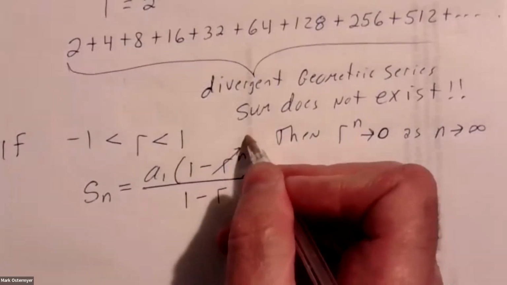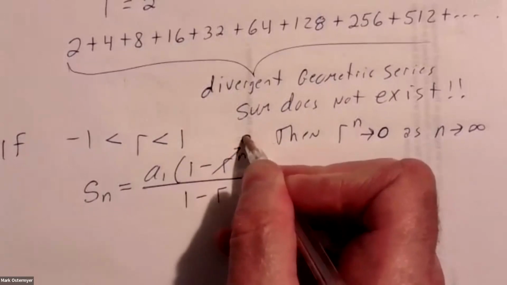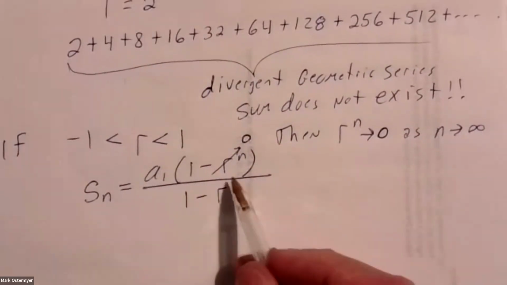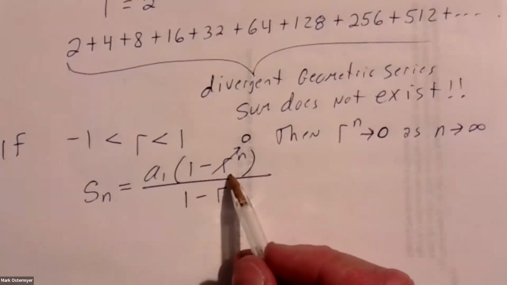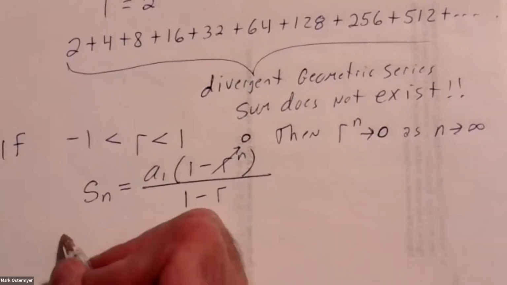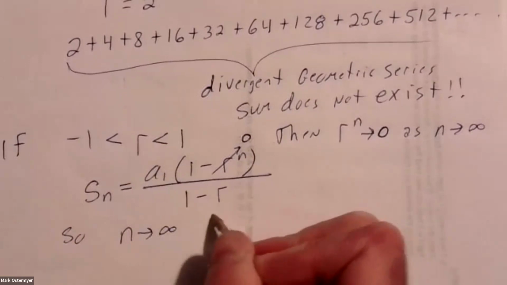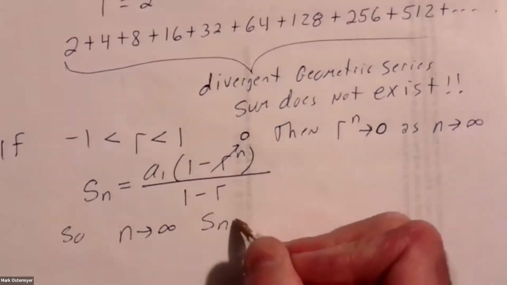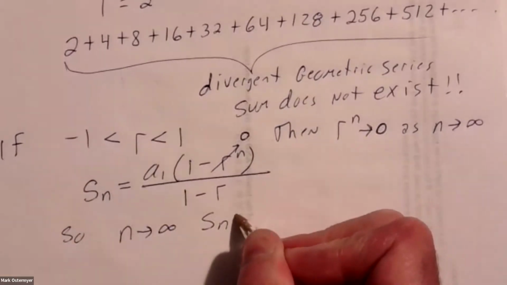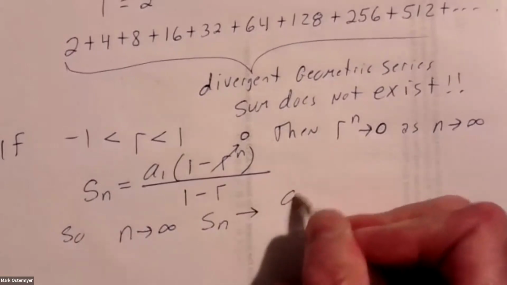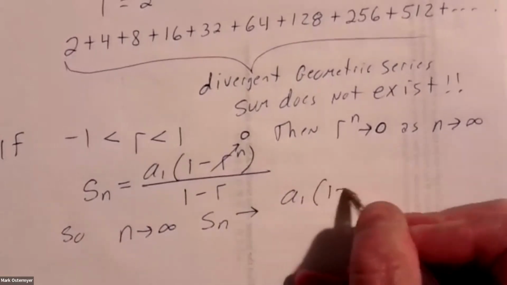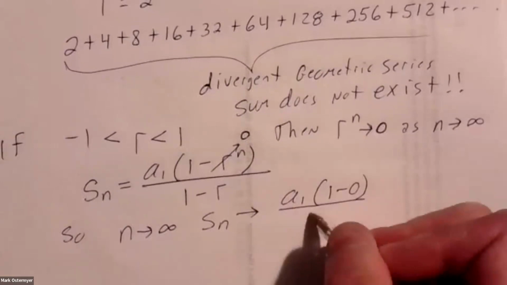It approaches 0, and essentially drops out of the picture. And so, as n approaches infinity, the sequence of partial sums S_n approaches a sub 1 times (1 minus 0) over (1 minus r).